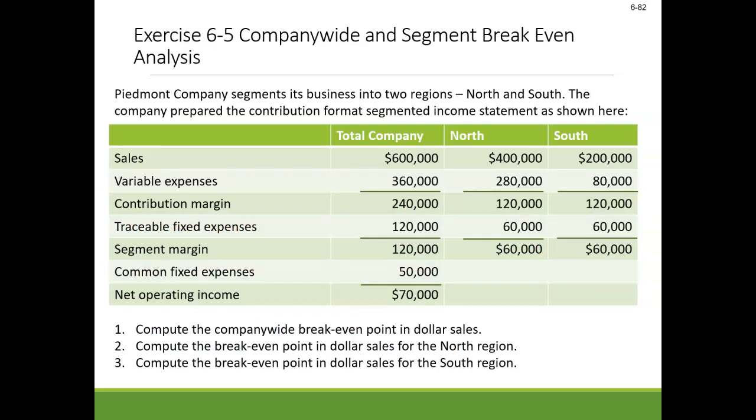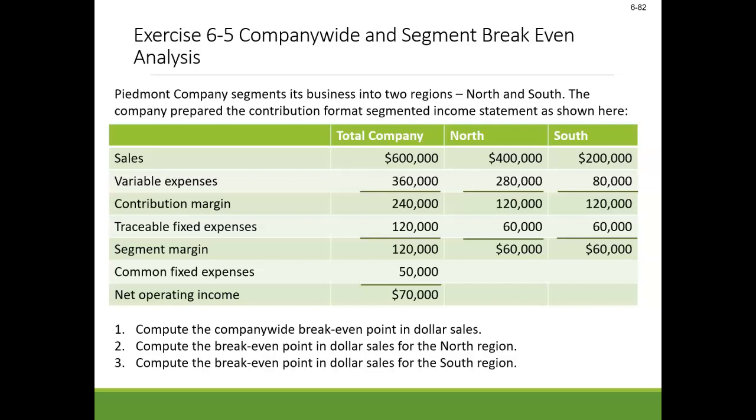Let's look at how we calculate the break-even here. We've got Piedmont has a North Division and a South Division. And here's their segmented income statement. First, we're going to compute the company-wide break-even point in dollar sales. So you see our contribution margin is at 240,000.